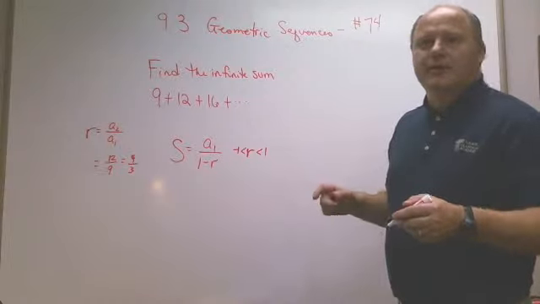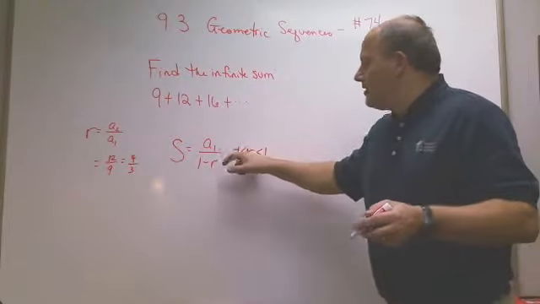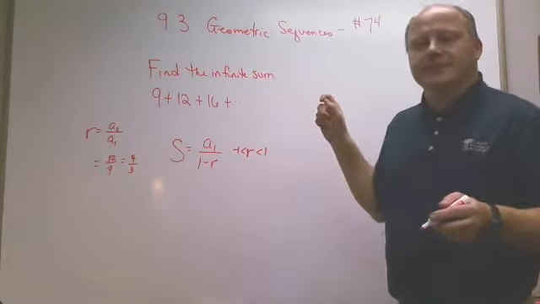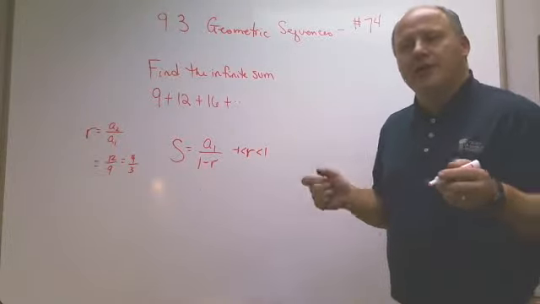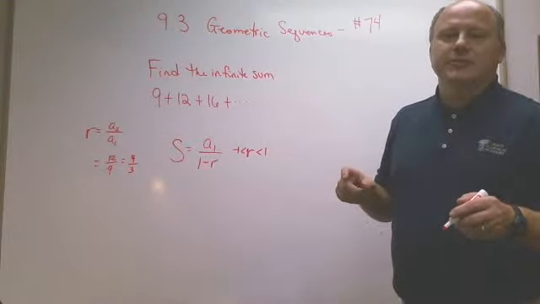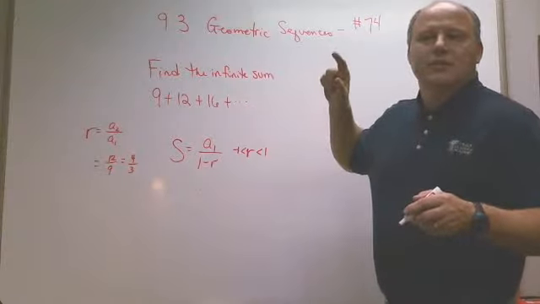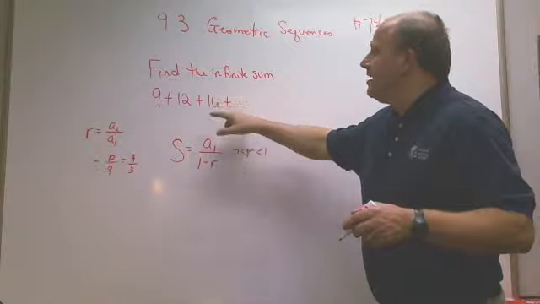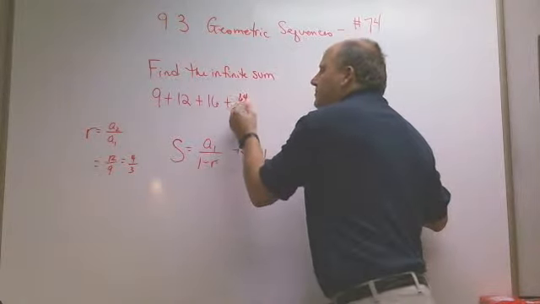And you're thinking, well, then how do you find the sum? You can't. When the R doesn't fall between -1 and +1, it's what we call a divergent series, meaning the sum gets bigger and bigger and bigger. But you can look at the problem without knowing any of that, and it's kind of obvious to you because the next number after the 16 would be, if it's 4/3, 16 times 4/3, which I believe is 64/3.